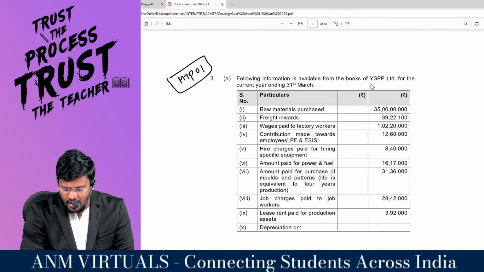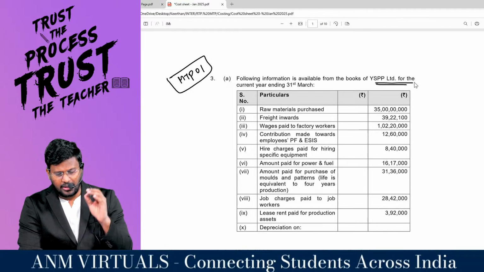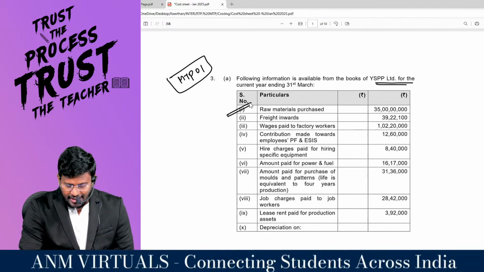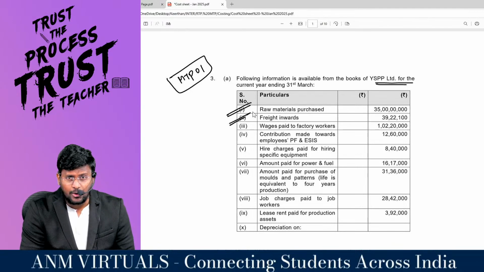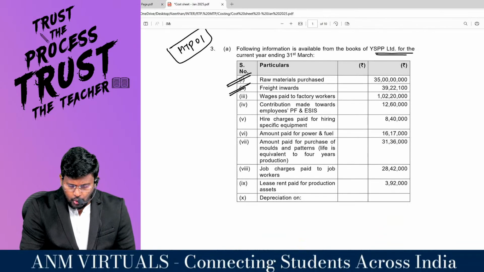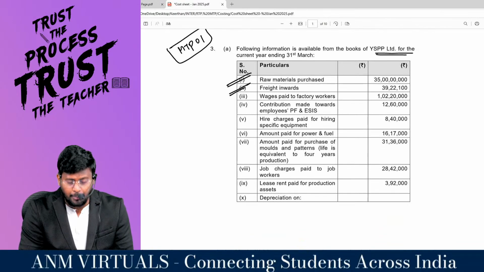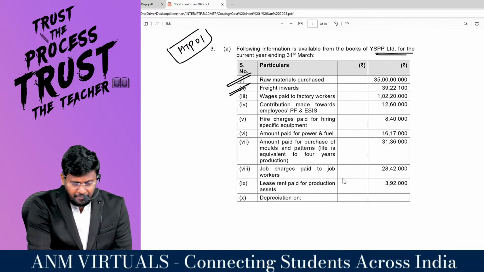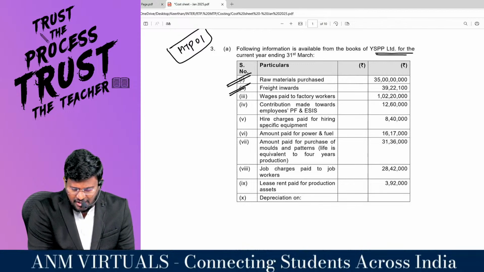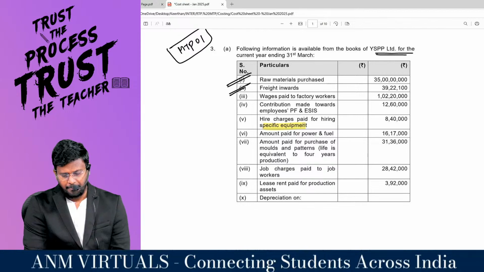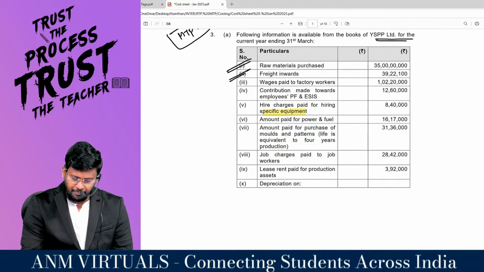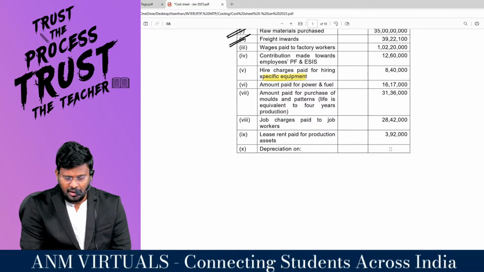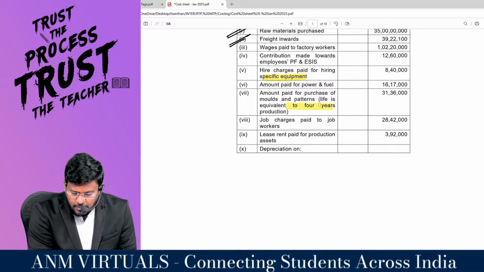Following information is available from the books of YSPP Limited for the current year ended 31st March. Raw material purchased, freight inward, wages paid to factory worker, contribution made towards employee provident fund and employee state insurance, hire charges paid for hiring specific equipment. This is specific equipment. Amount paid for power and fuel, amount paid for purchase of molds and patterns, life is equivalent to 4 years production.